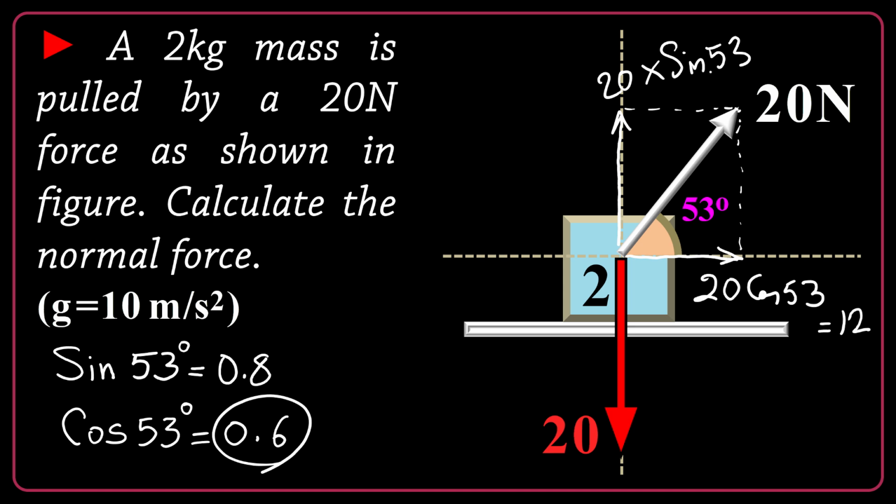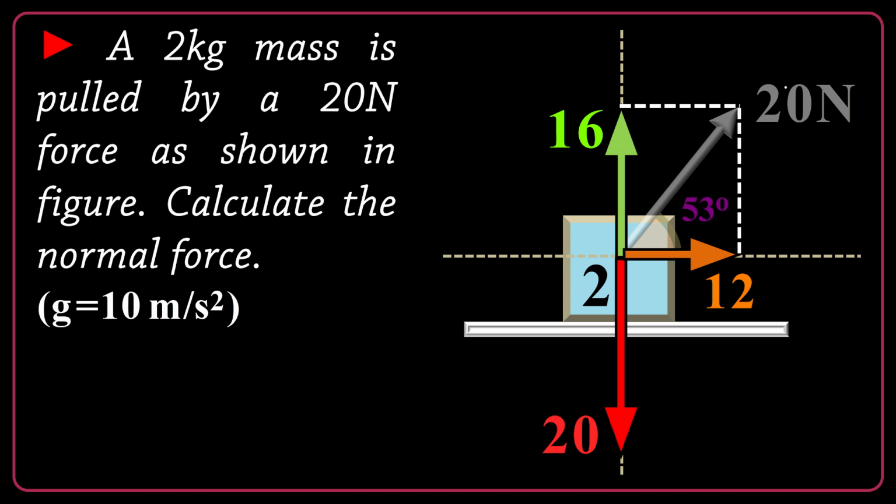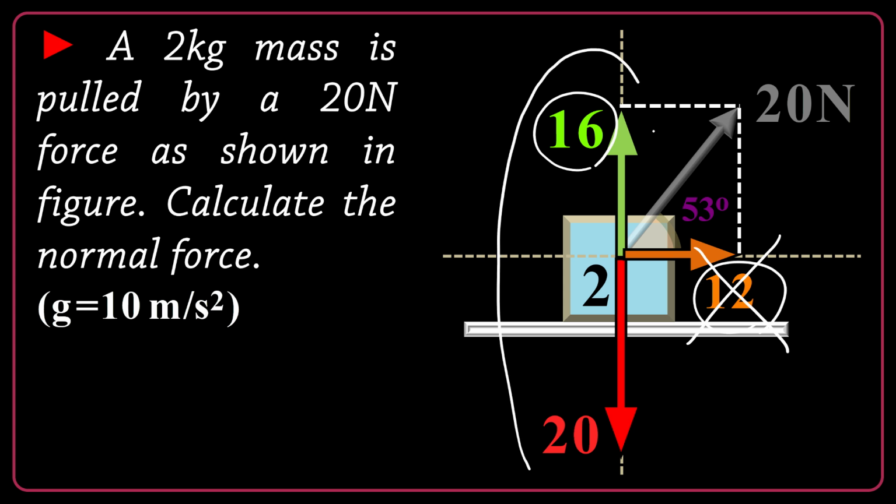And here sine of 53 is given to be 0.8, so it seems to be 16. So if I decompose that force, I will have a 16 newton upward, a 12 newton horizontal. It is not that important for us because I am looking for vertical forces. Normal force is vertical here. Look at just these two forces.